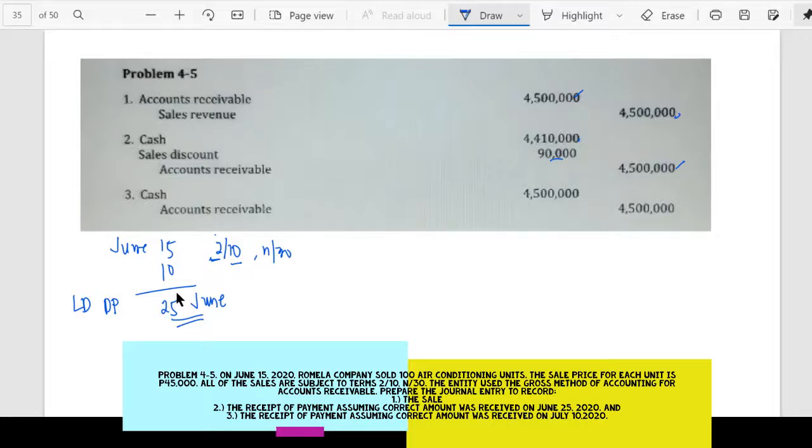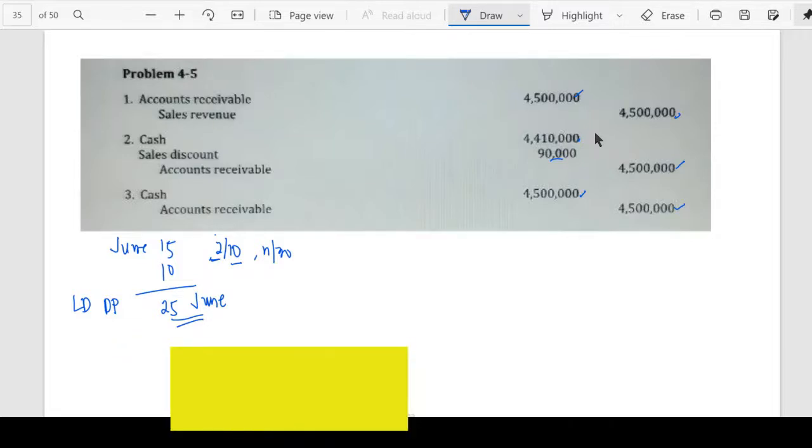Kaya nilapas naman siya sa discount period. So, the last day again is June 25. So, therefore, wala na discount. So, simply close the accounts receivable and debit the total amount of 4,500,000 but without the discount.